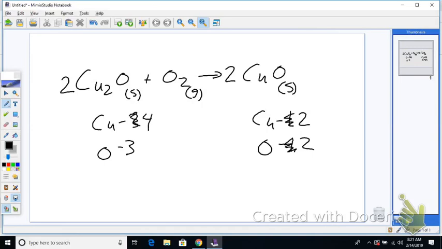And how many oxygens do we have? 4. We have 2 here and 2 there, that's 4. Is there anything we can do on the right side to get 4 of everything? Yeah, just put a 4. Just put a 4 there, right? So then we can just go ahead and put a 4 there.